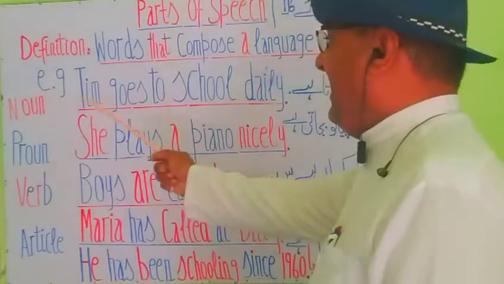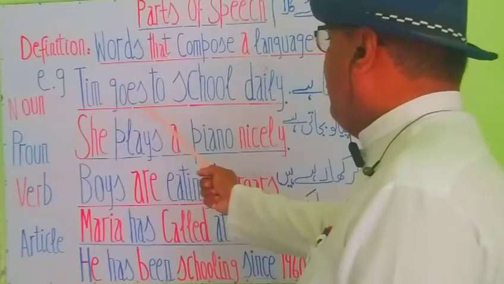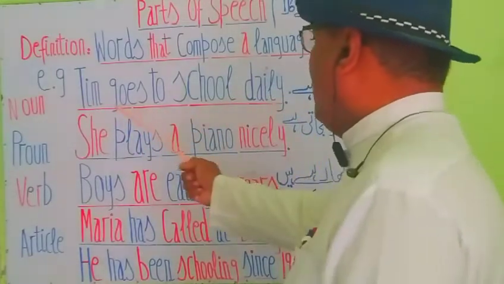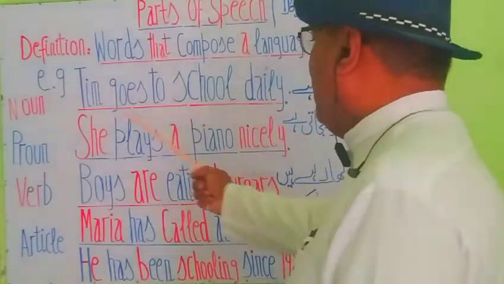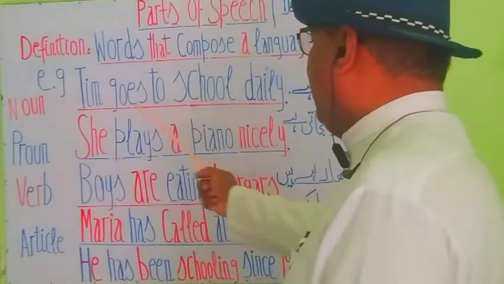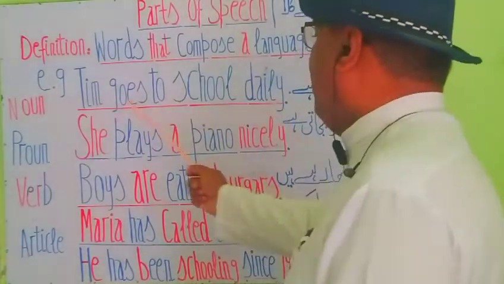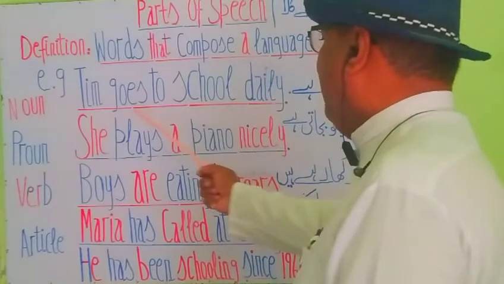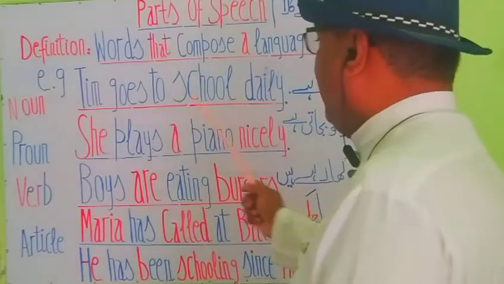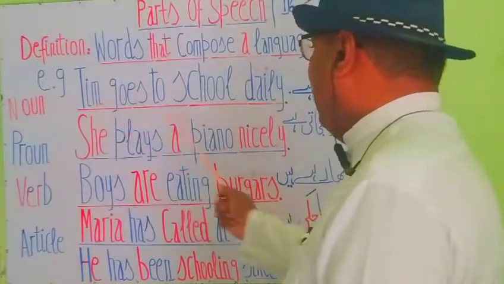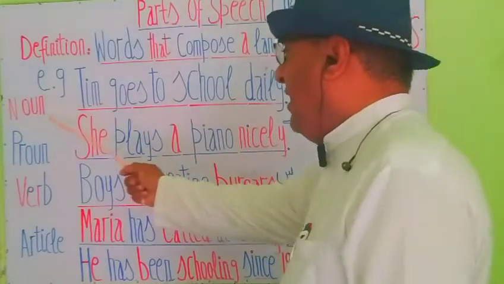Now see its example. Tim goes to school daily. You see here that Tim and school are nouns.